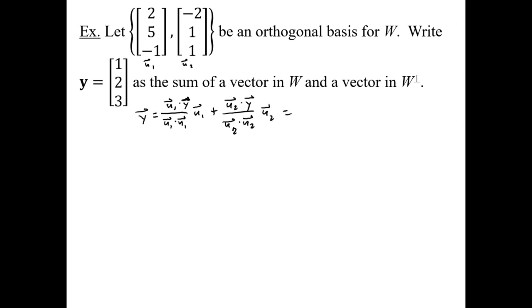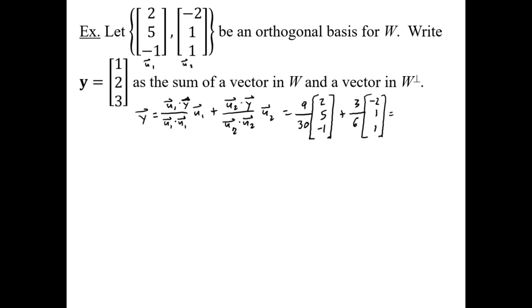So let's see, u1 dot y would be 2 plus 10 minus 3, which is 9. U1 dot u1 would be 4 plus 25 plus 1, which is 30. Times u1, which was 2, 5, negative 1. And then let's see, u2 dot y would be -2 plus 2 plus 3, so that's 3. Over u2 dot u2, which is 4 plus 1 plus 1, which is 6. And that's multiplied by u2, which is -2, 1, 1.